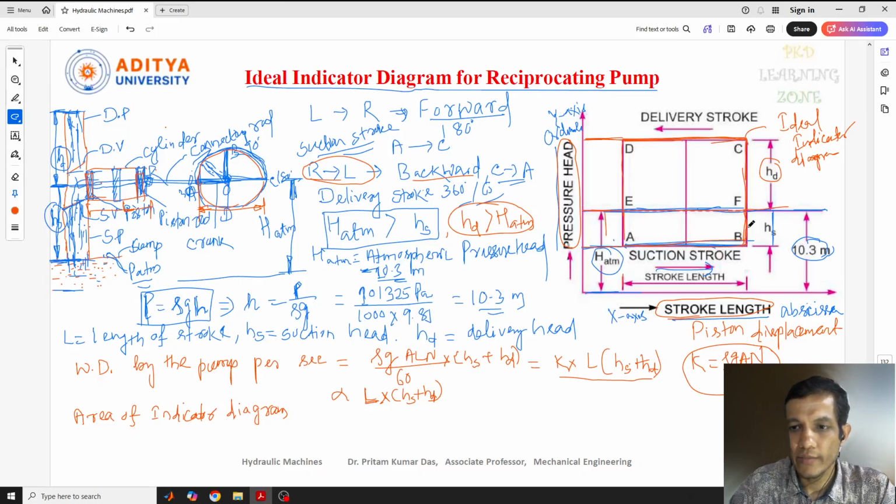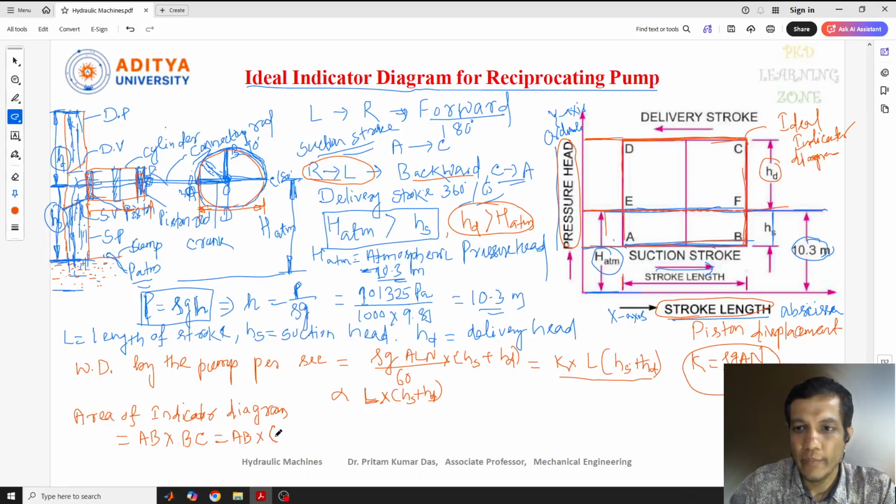So the area of the indicator diagram is AB, the stroke length, which is the same L in either the suction stroke or the delivery stroke, into the height. The height is BC.